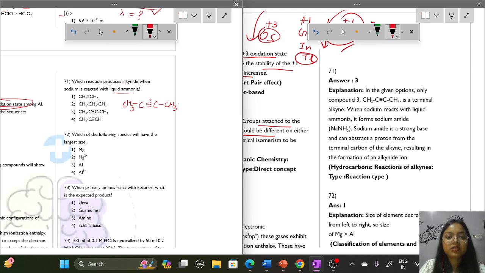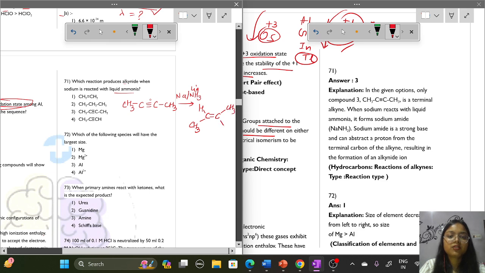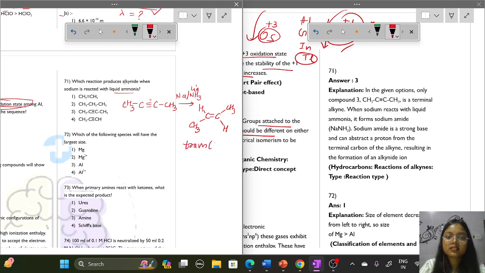Here, sodium is reacted with liquid ammonia. What will be the product which is formed? This type of product is formed, and this is called trans, or you can say E-alkene, and this is only the name for alkynide. So which is the correct option? Option number 3 reacts to form alkyne.